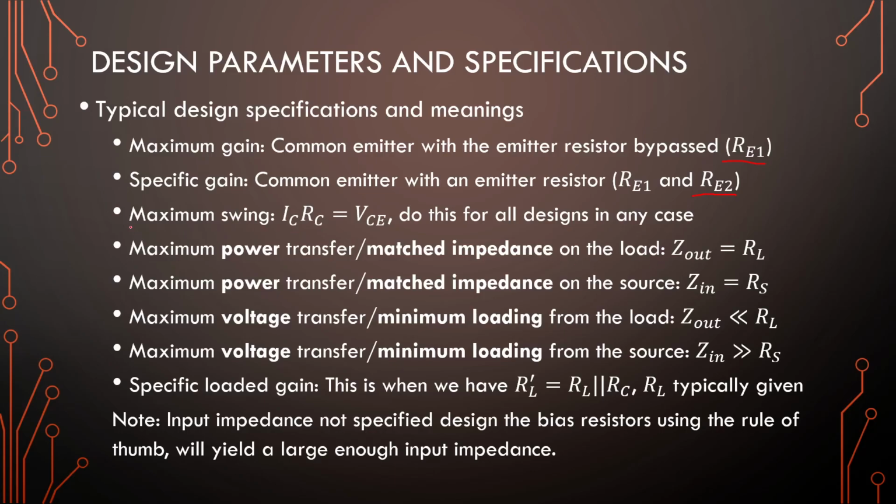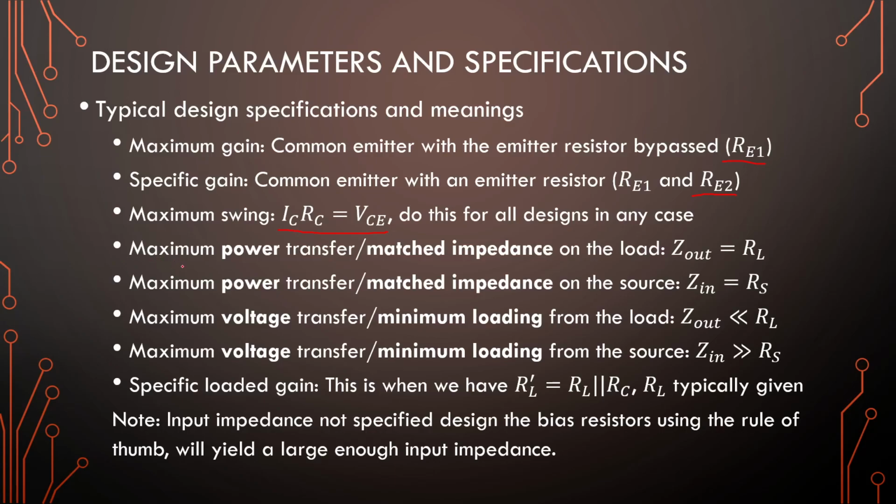You will always design for maximum swing, but sometimes this is a specification, and that is just to design IC RC equal to VCE. So that is so that you have maximum swing capability on the output in any case. There's a typical question about this that we will discuss next.